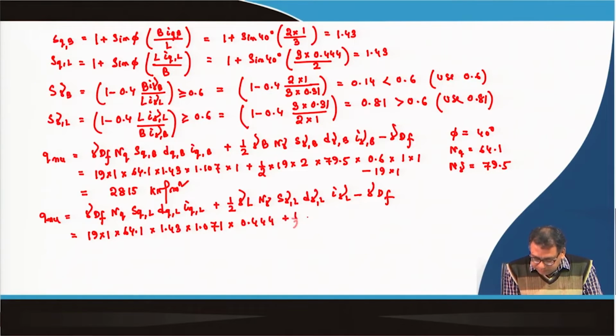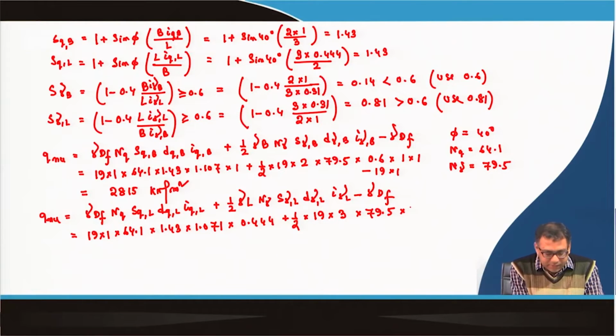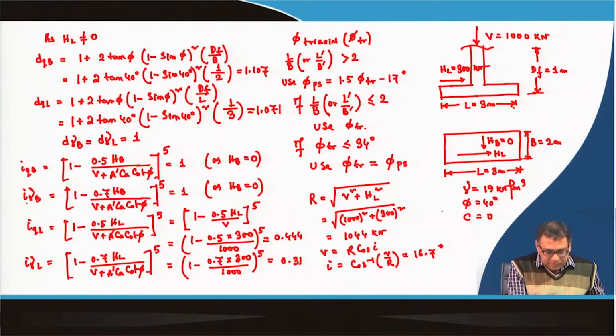Then plus half into 19, L is 3 meters, into 79.5, S gamma L is 0.81, then d gamma L is equal to 1 and I gamma L is 0.31.